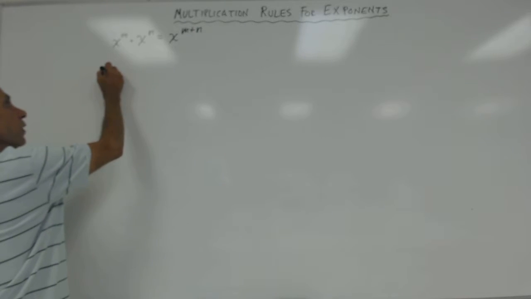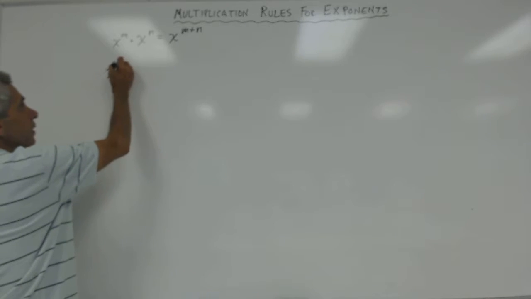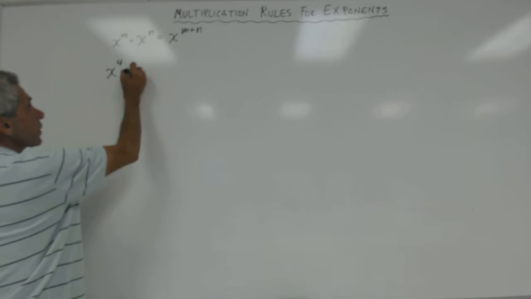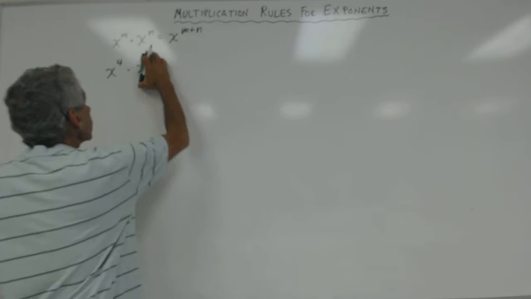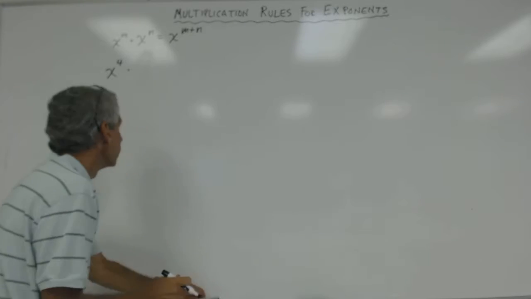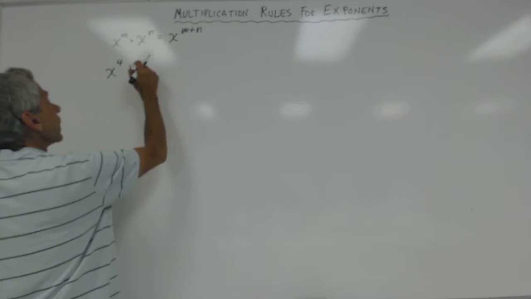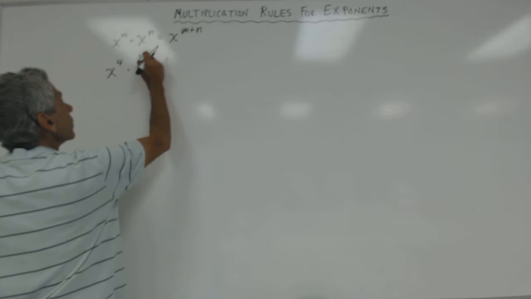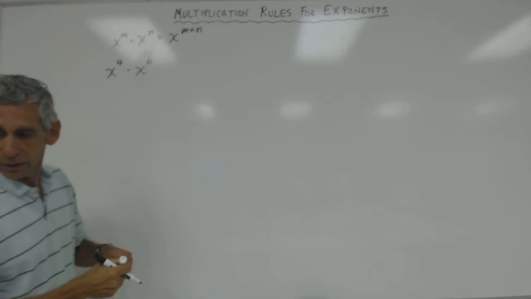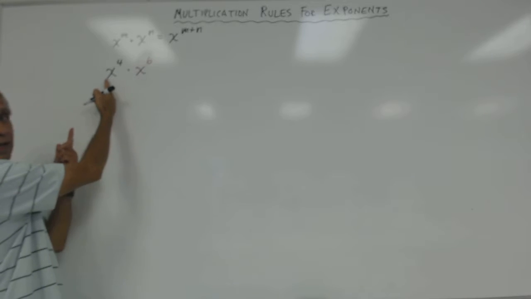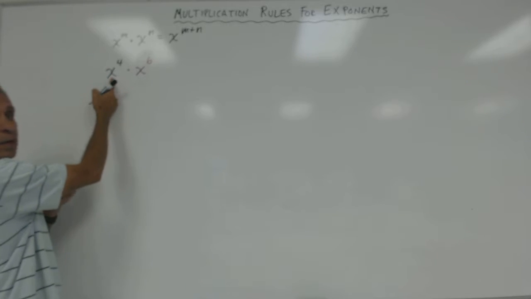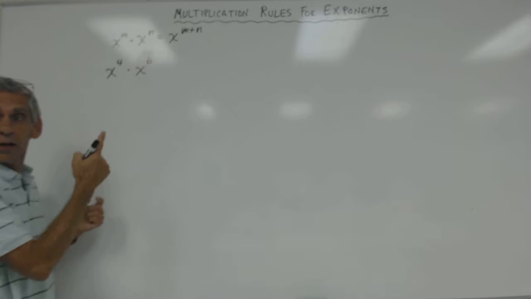If I did it the long way, x to the fourth times x to the sixth, let me use a different color. What is that? x to the fourth means x, the base, times itself 4 times.